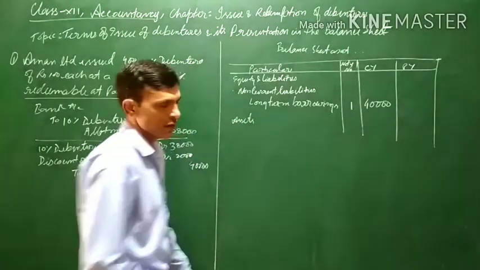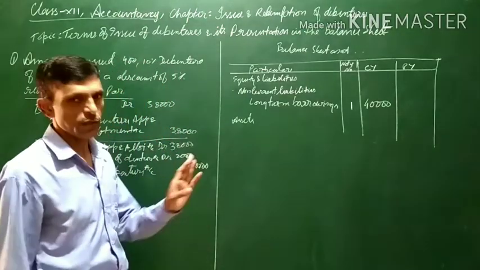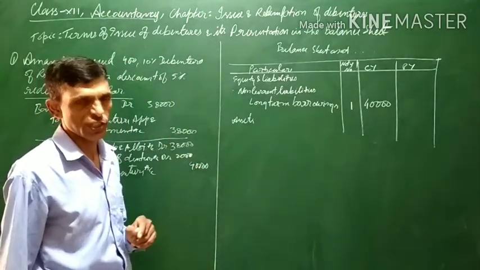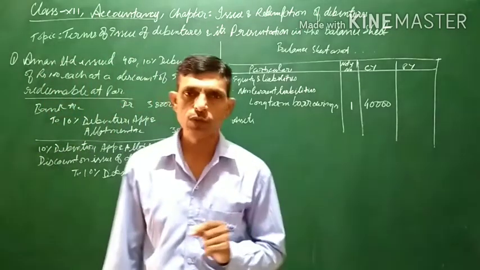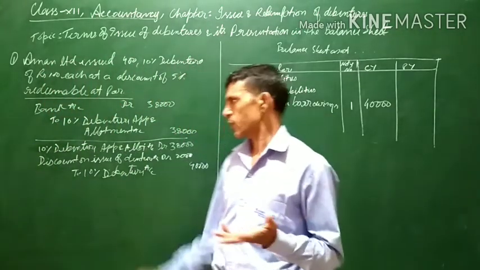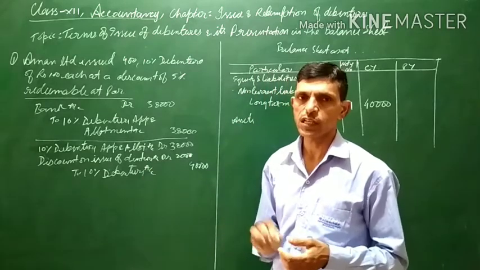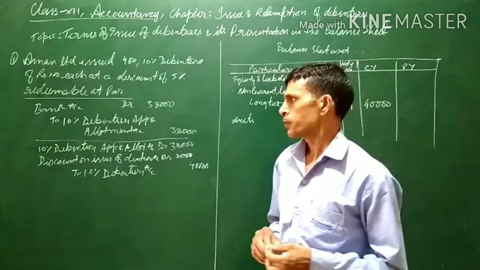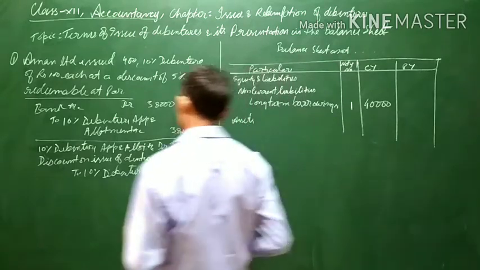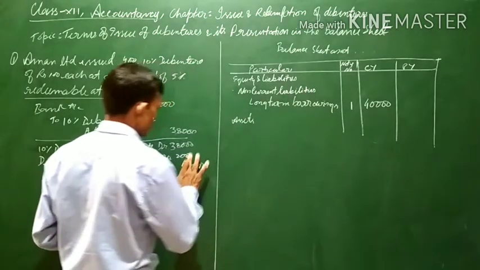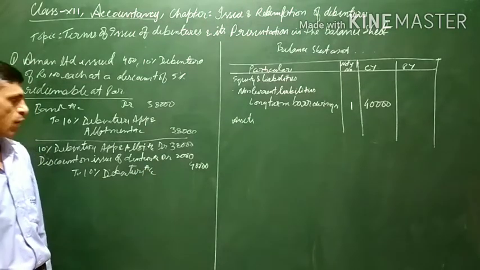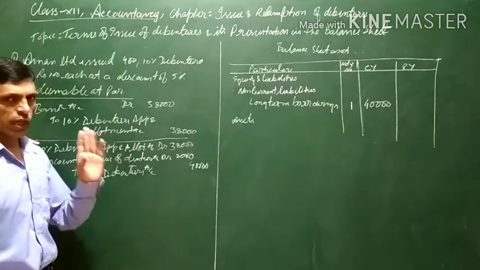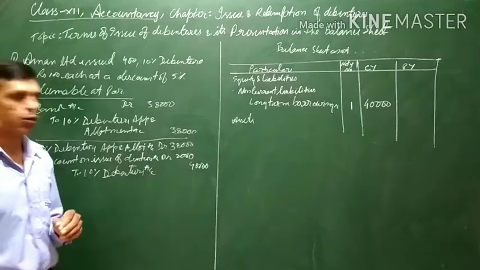Next is the asset. As you know, when debentures are issued, 38,000 is received. So this 38,000 will be treated as cash, and it will form part of the current asset, that is cash and cash equivalents. But one more important thing regarding issue of debenture, these are issued at a discount of 5%, that is 2,000 is the amount of the discount.